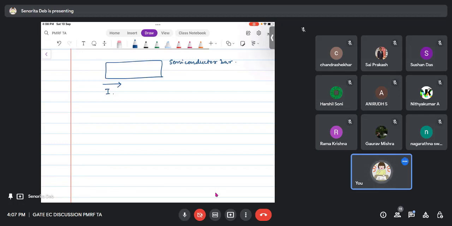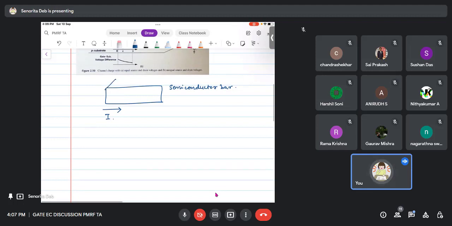If I take a section of this semiconductor like this, and say this distance is v meters, then the velocity with which the carriers will move is v meters per second.